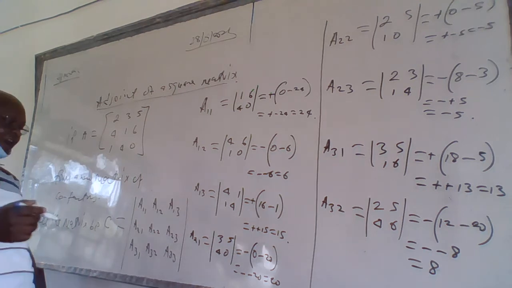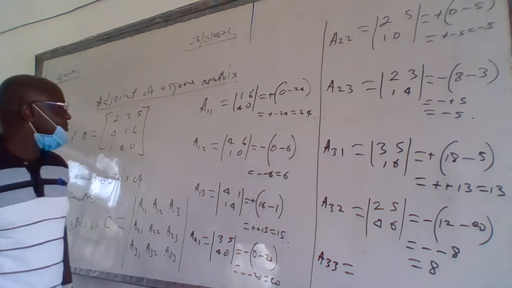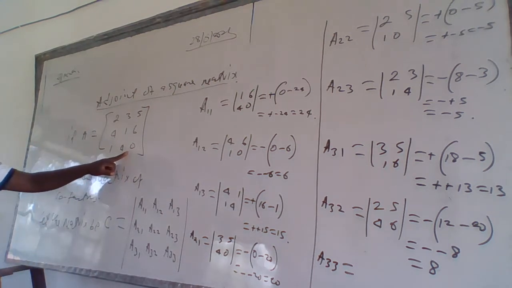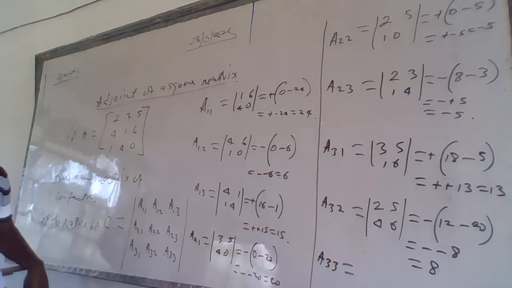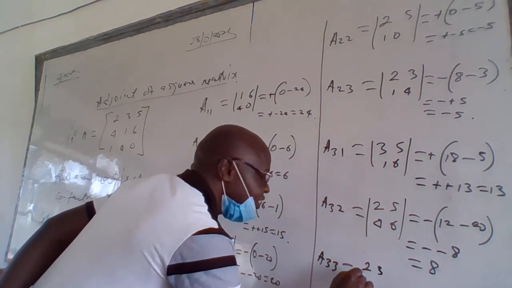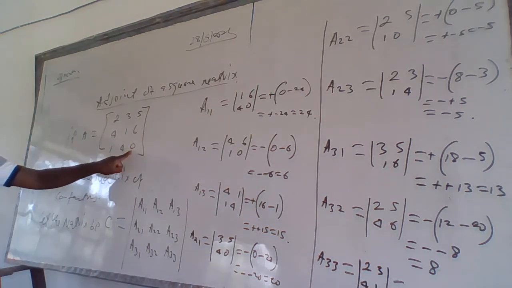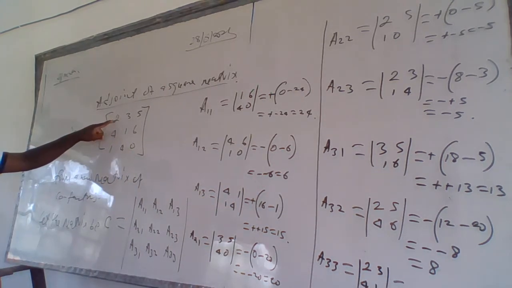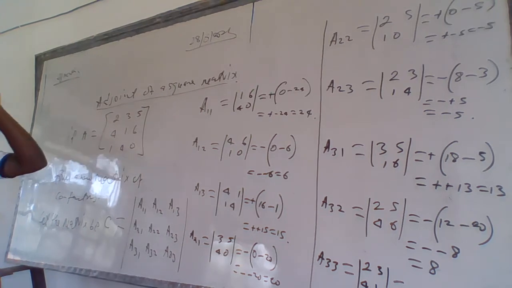Lastly, we have A33, the last element, which is 0. The minor for 0 is 2341. The place sign, positive, negative, positive, negative, positive.